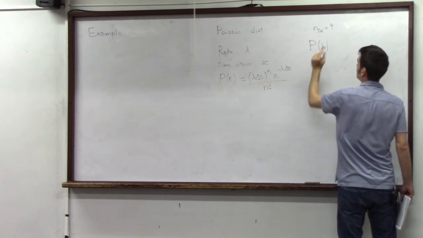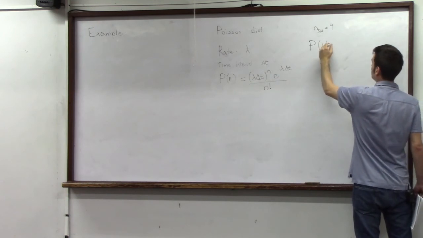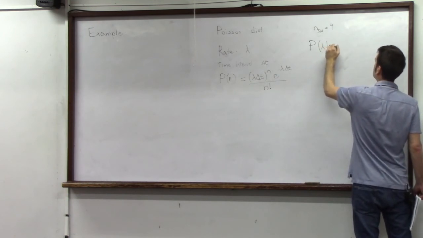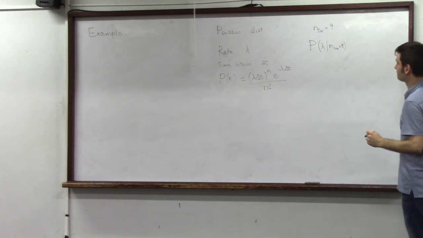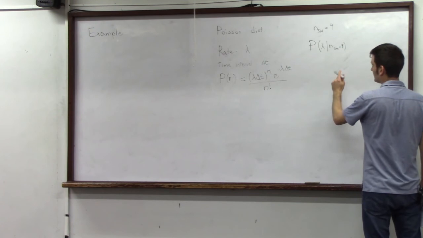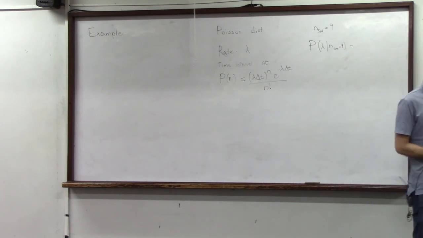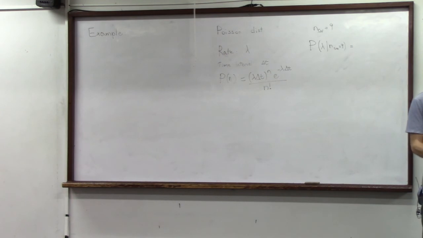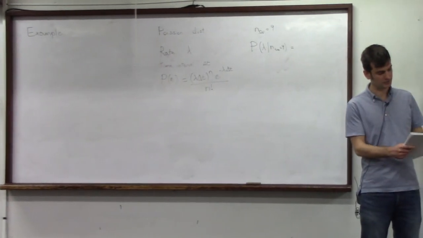So we can ask what's the probability of the rate having a specific value given that we've observed the data.